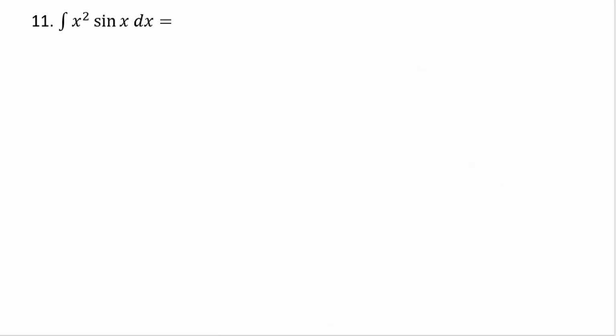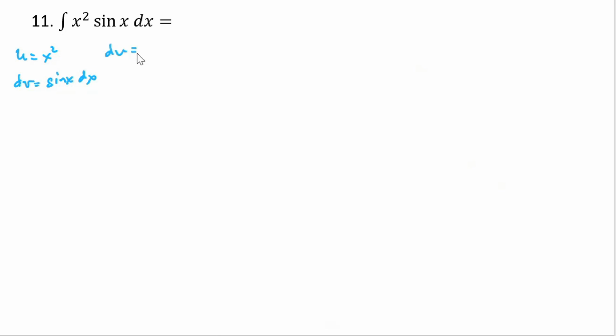So for number 11, I have x squared sine x dx. So if we are going to use the guidelines of LIATE, algebraic function comes first. Therefore, our u here is x squared. Then the remaining terms is for our dv, which is now sine x dx.